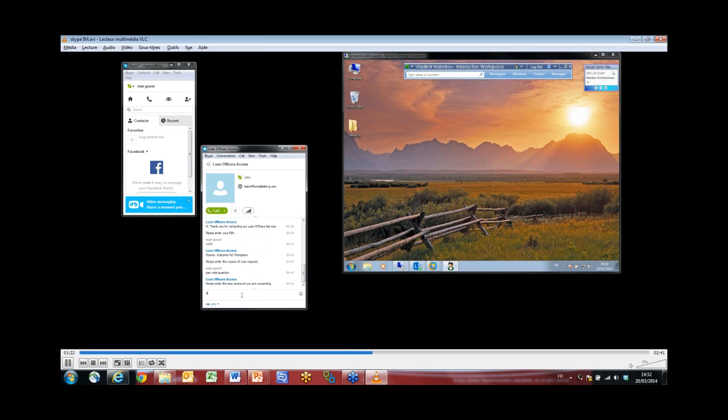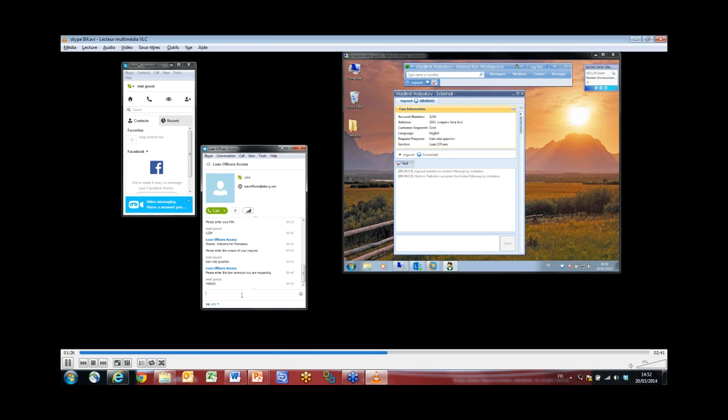Based on the analysis of the answers, the instant messaging will be routed to the agent directly in his business application with the customer profile information and customer data. You can have access to all the capabilities like automated response at that point. So it's a classical instant messaging integration between Skype and the contact center.